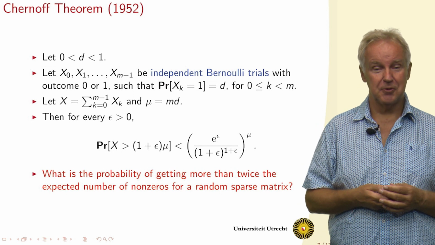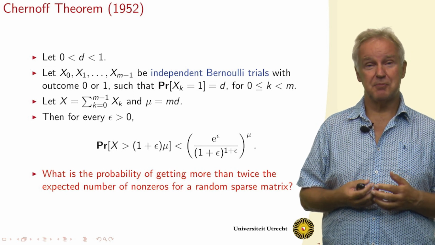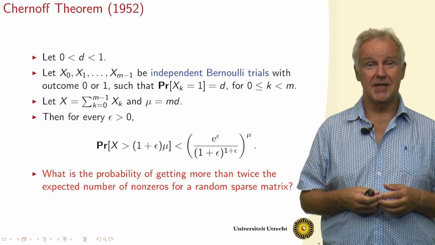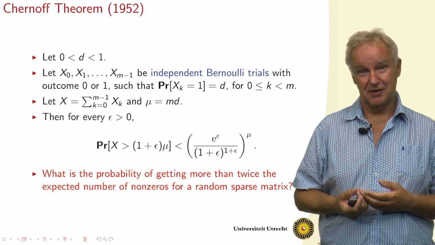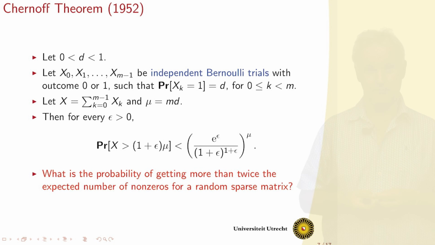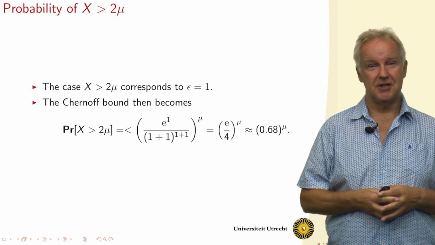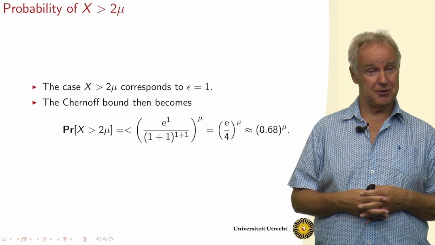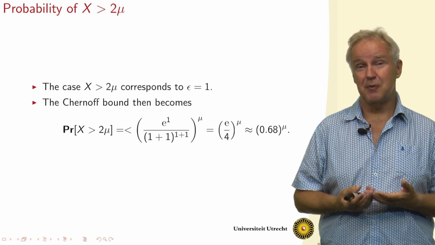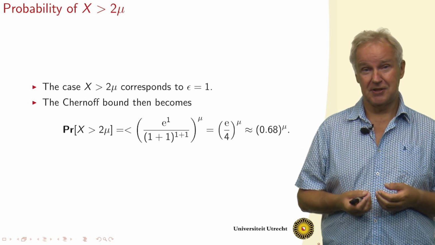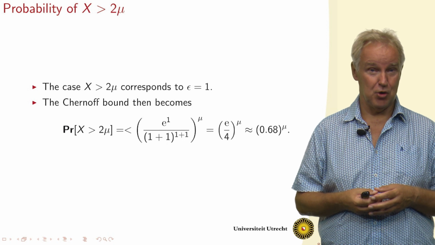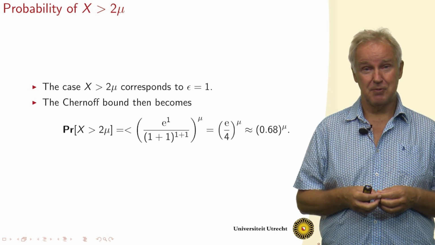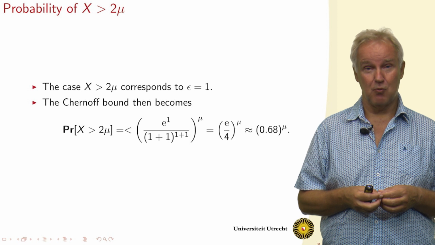Now a question to you. What is the probability of getting more than twice the value mu? Well, this is a simple substitution once you realize that getting twice the expected number mu corresponds to epsilon equals 1.